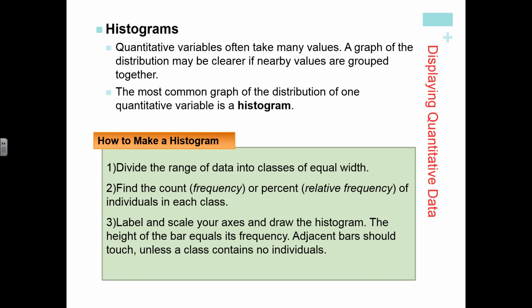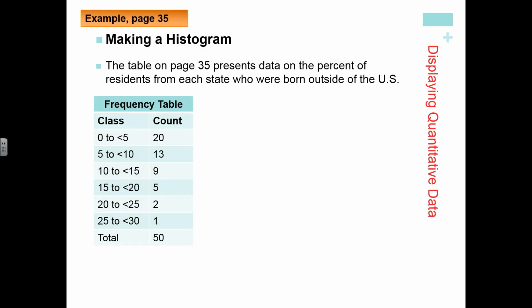The height of the bars is the frequency or the relative frequency, and your bars should touch, all right, unless you have a gap in your data set. All right, so we have on page 35 some more data of residents from each state who were born outside of the United States. So you see here, this is the count, or the percent of people that were born outside.